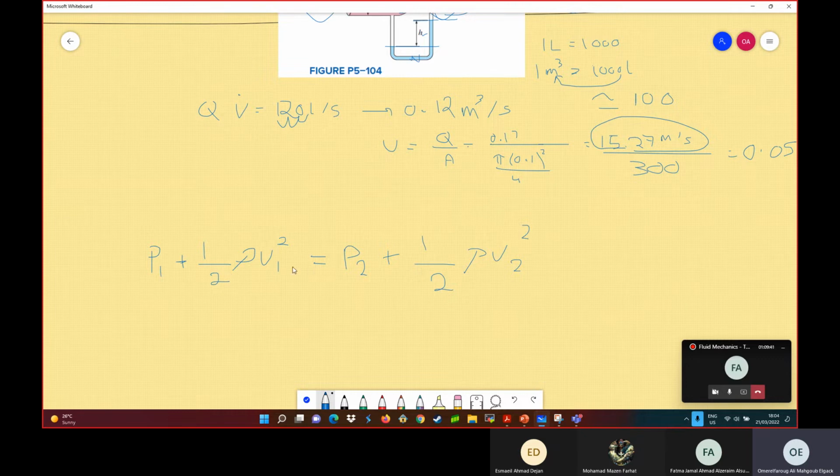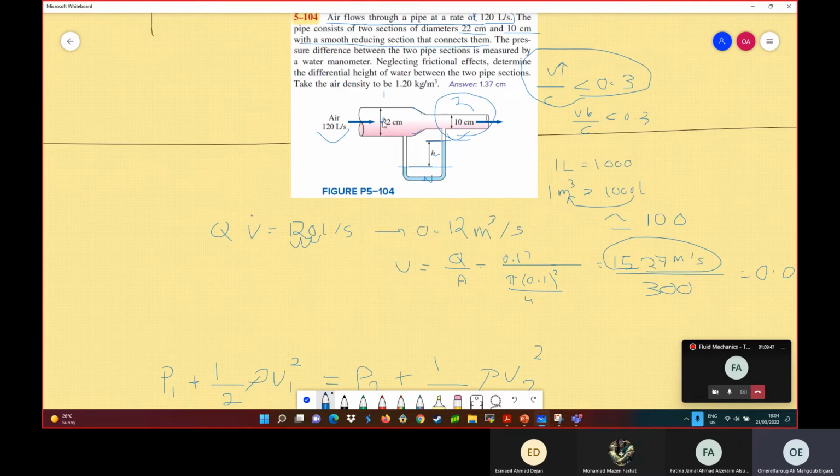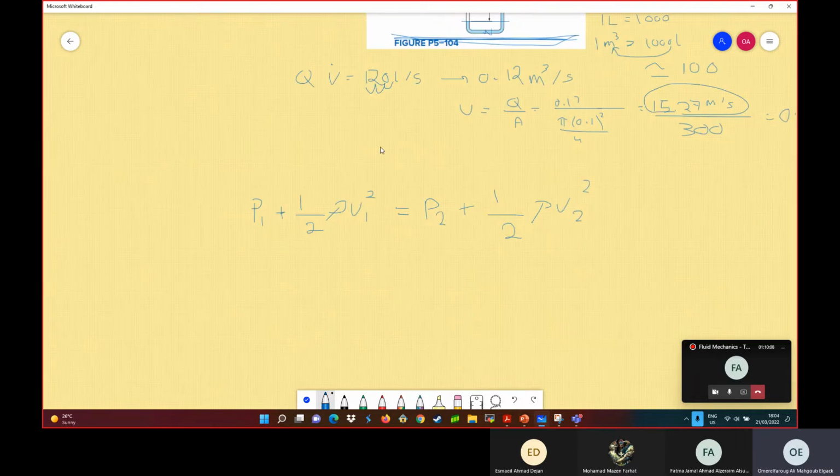I cancelled both hydrostatic pressure terms because they are at the same elevation. Assume I apply the Bernoulli equation along this streamline, from this point to this point. They are at the same elevation. For example, assume my reference is here. So you can just drop the last term of the Bernoulli equation from both sides. Okay.